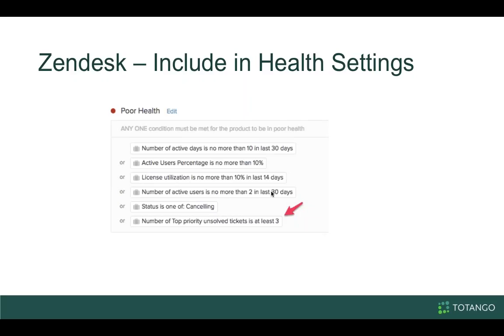The criteria that I have here is number of top priority unsolved tickets is at least 3, which would potentially deem that customer to go into poor health. So you can absolutely leverage this new ability to expose the support information and build your health around that. That's a new gain that you have with this new feature as well.